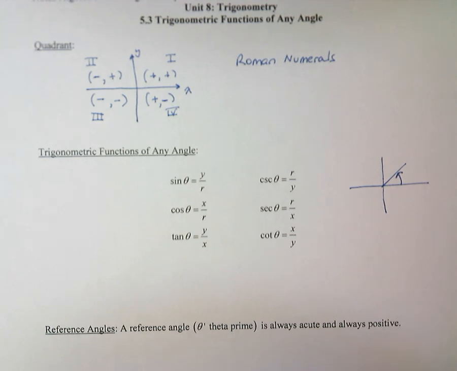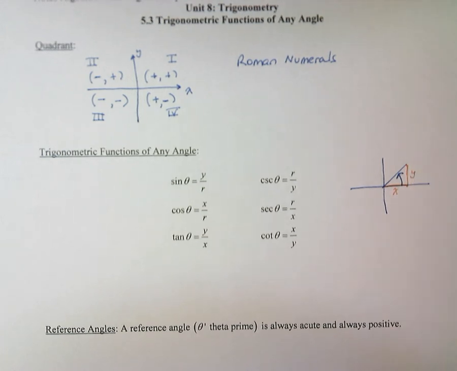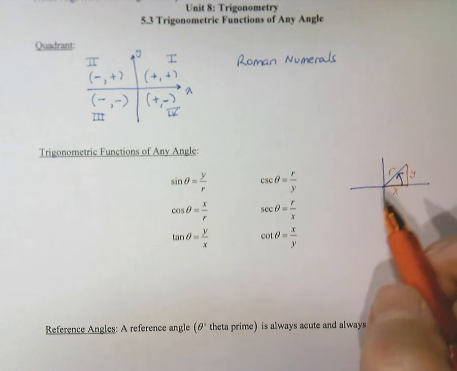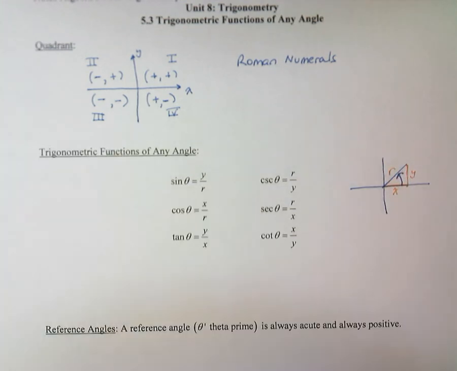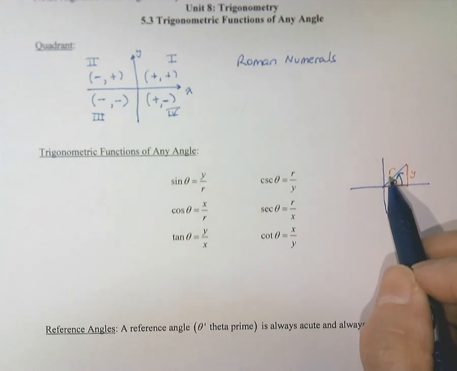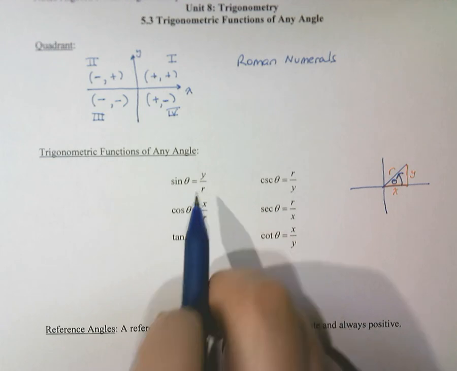I can make a triangle, and what happens, this becomes my X, this becomes my Y, and this is my radius. So if this is my angle here, theta, sine of theta is going to be opposite over hypotenuse. That's where the y over r comes from.